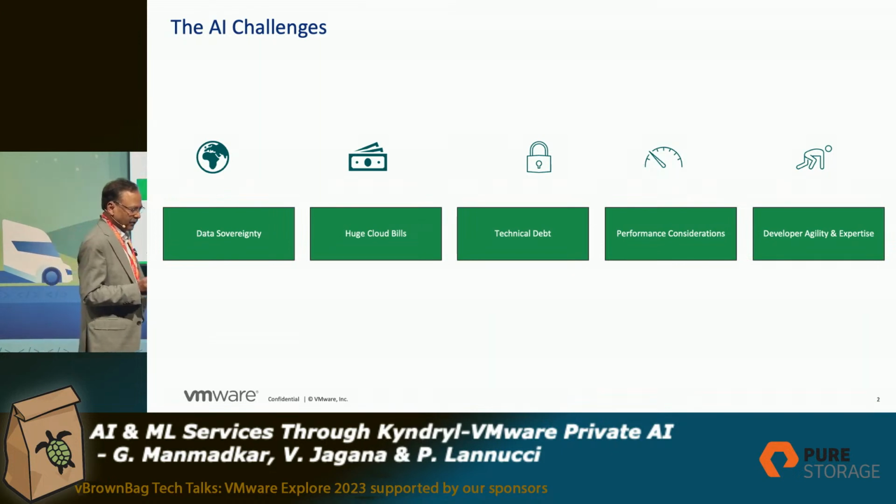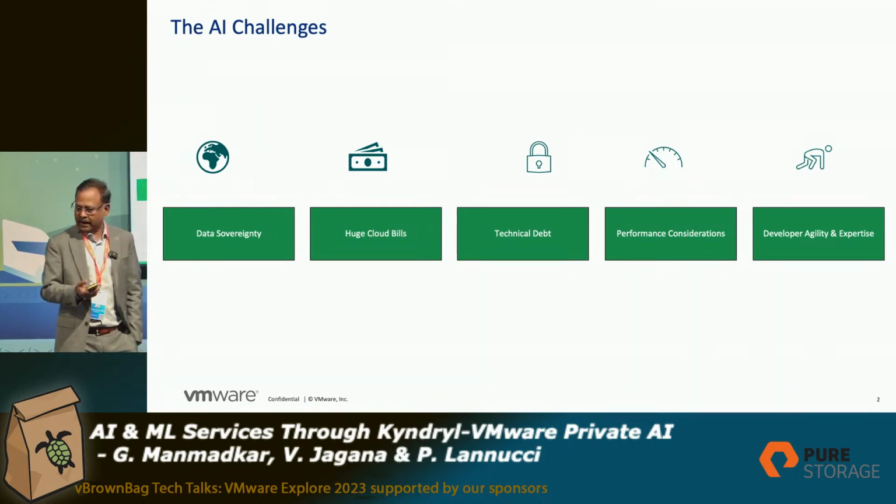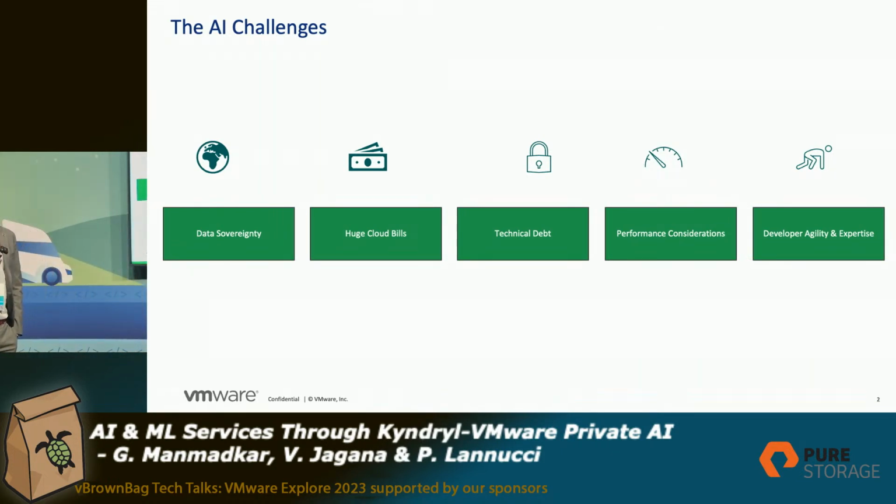The other thing is the performance consideration, which is really important from the GPU acceleration perspective. How do you optimize it in order to reduce the cost footprint, or optimize cost versus performance? That is another dimension that needs to be looked at.